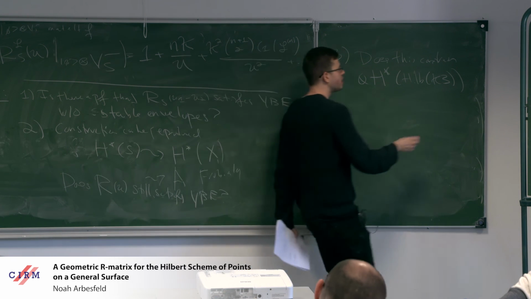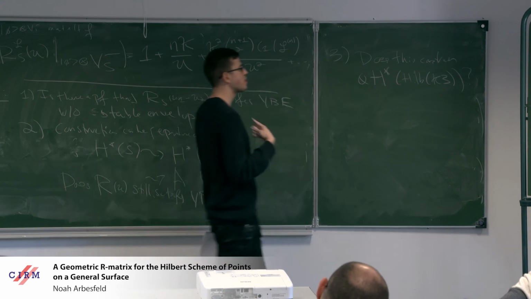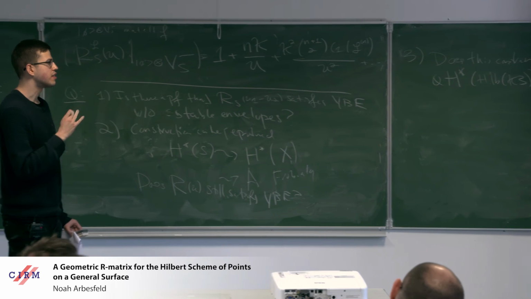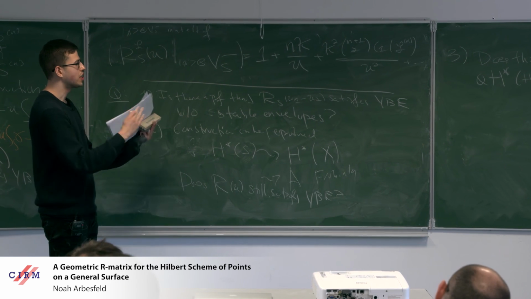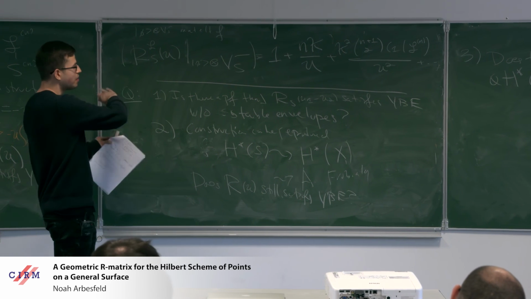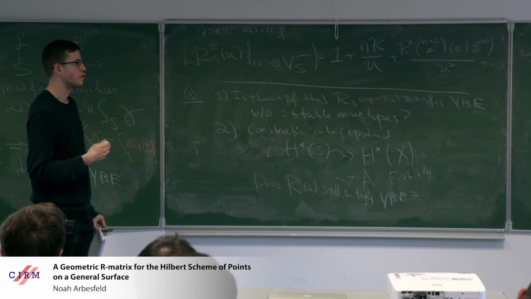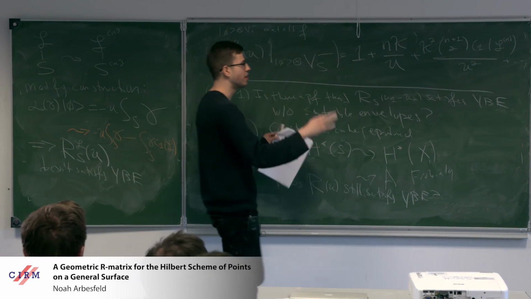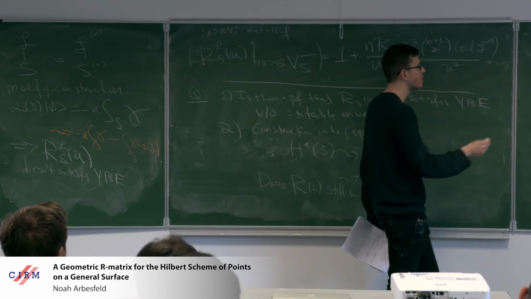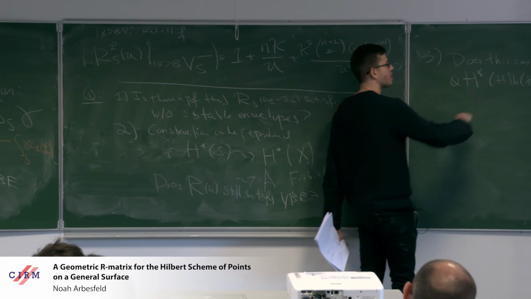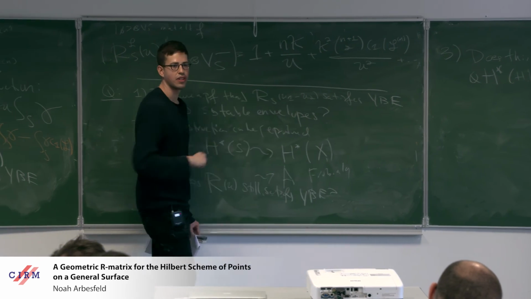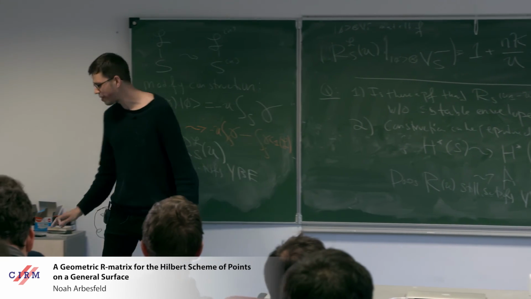So Oberdieck and Pixton have some conjectures, and some of these conjectures are given by some matchings which are vaguely reminiscent of what's going on here for Virasoro. So it's possible that the resulting R-matrix you get from this construction can help you understand better some quantum multiplication operators in this Hilbert scheme. But I'll stop there. Thanks for your attention.